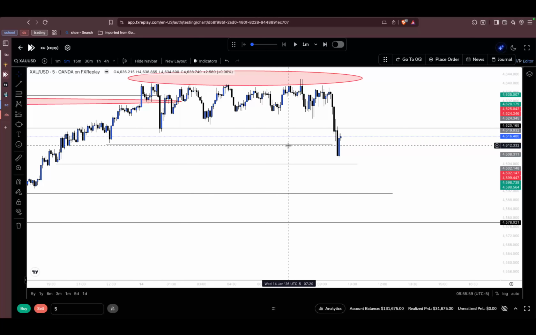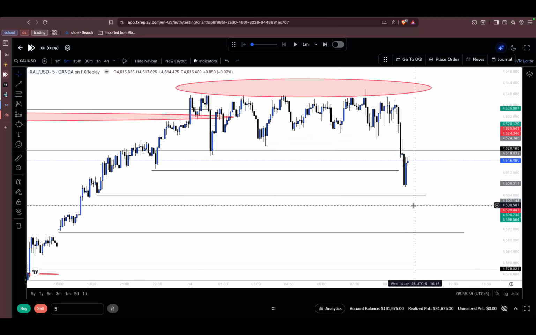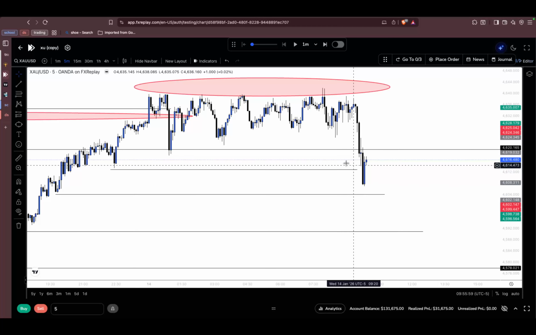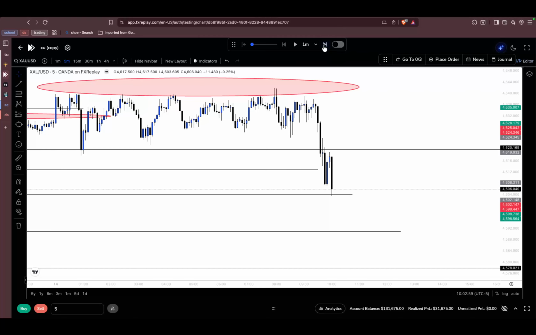We are seeing price retrace pretty strongly off of this, but I just think that we're gonna see price dip a little bit lower, at least until here, or we'll see price create structure here then break it. But I don't want to enter off of this.